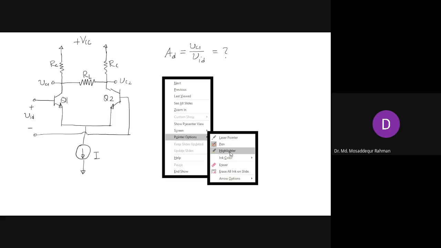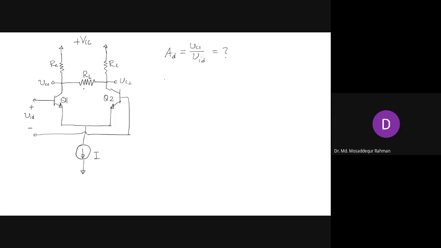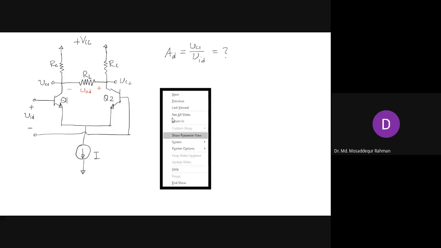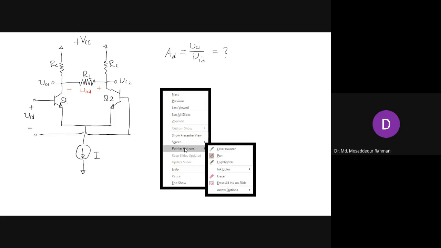How do we determine that? In this case, first we have to see that the differential output voltage is VOD, plus on this side, minus on this side. Now we slightly change something here.